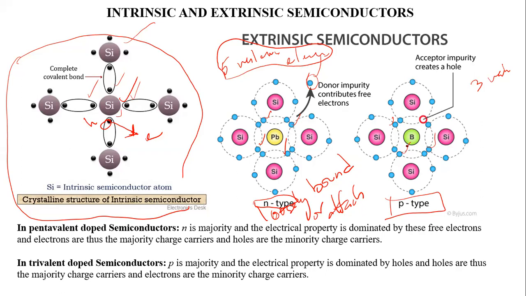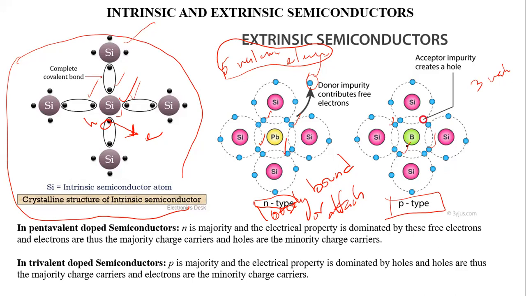Usually when we do the doping in extrinsic semiconductors, we insert those foreign elements, the trivalent atom or the pentavalent atom, in sufficiently large quantity. Therefore, they will result in a large amount of free electrons or a large amount of holes, and we call them the majority charge carrier.